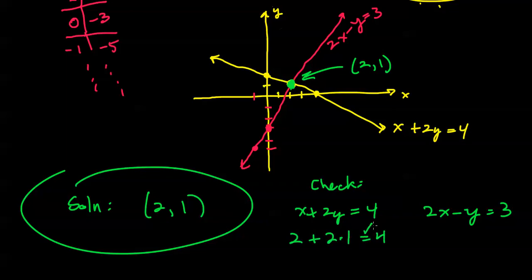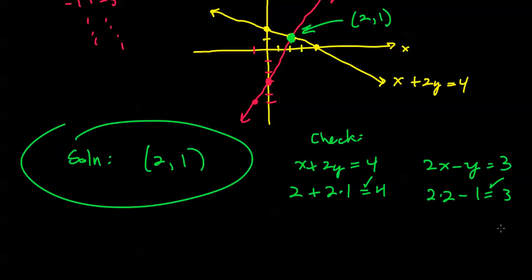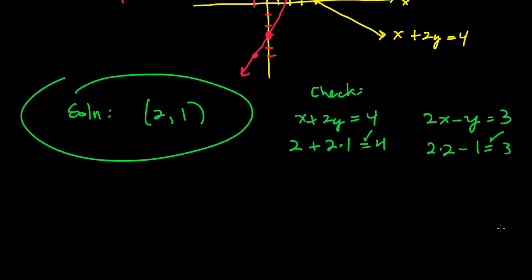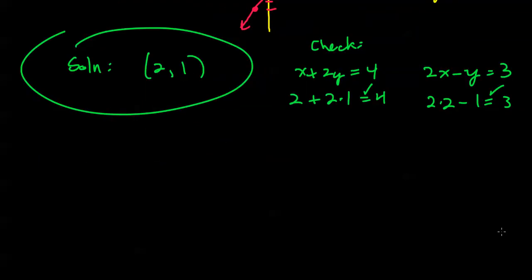And we see indeed that that point does solve the first equation in the system. And if I substitute x equals 2, y equals 1, indeed I get a check in that second equation also. So indeed we do get a graphical solution that checks out in both given equations.